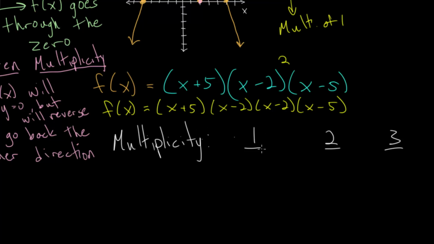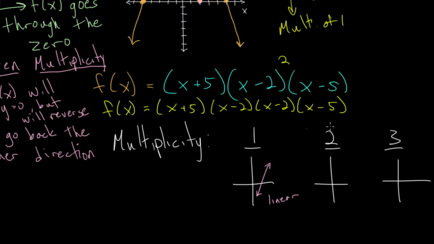But for a multiplicity of 1, let me just draw in a very simple coordinate plane for each of these. For a multiplicity of 1, the function will go through in a linear fashion. So it won't curve. If we look very close to the function at that 0, it's not going to curve, it's just going to go straight through it.